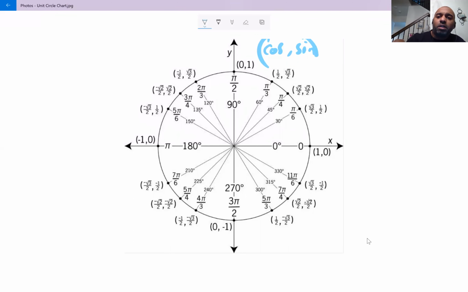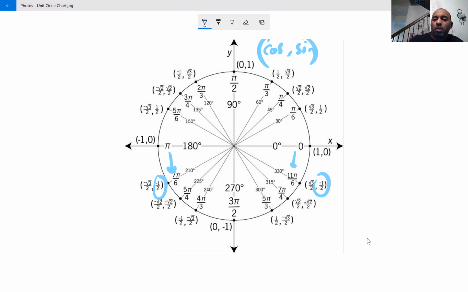Cosine is x, sine is y. So we want to look at the different places where we have sine as negative 1/2. So that's right here and right here in those 2 spots. So that's at 7 pi over 6, 11 pi over 6. Okay.